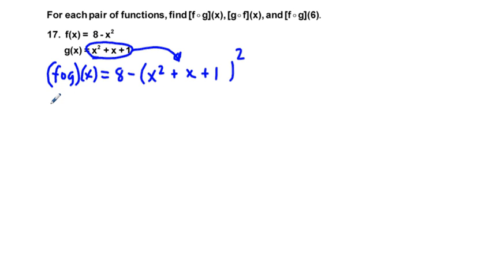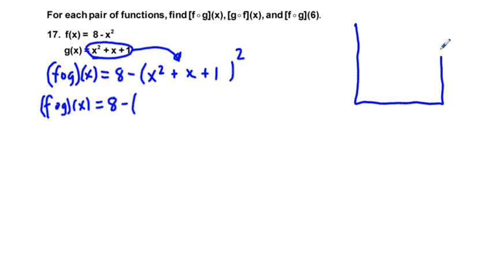And to work this out, we have 8 minus, and what we're going to do is this: x squared plus x plus 1, I'm going to go ahead and put this in a big box here.